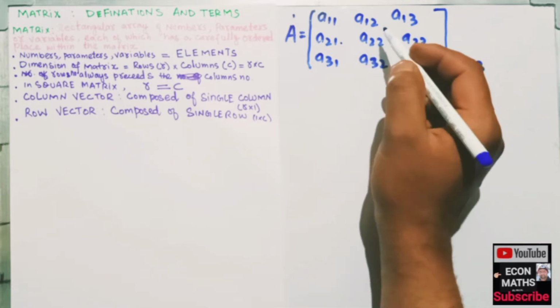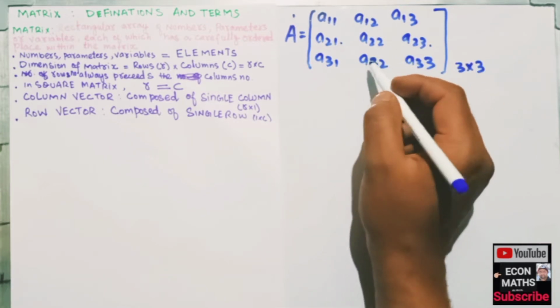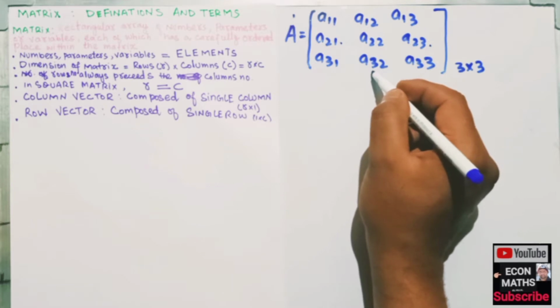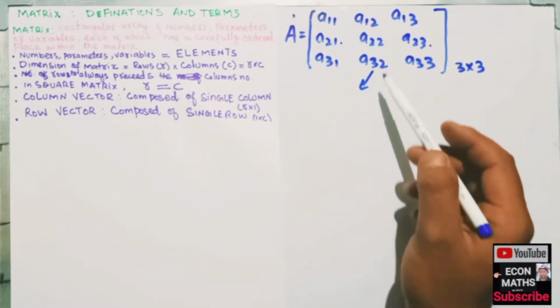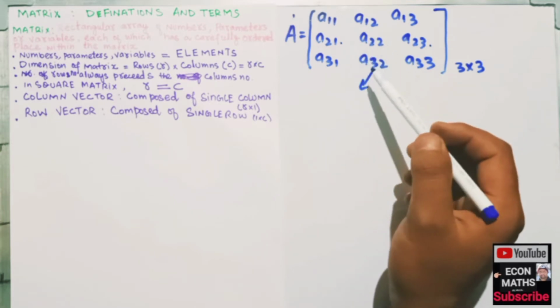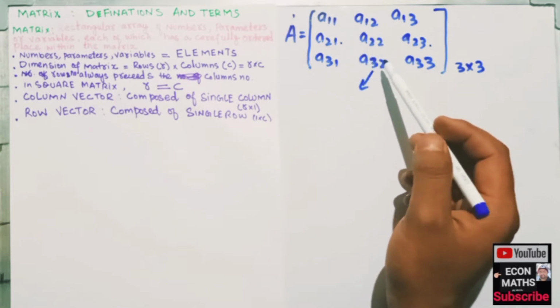Let us say another example, if I have this A32, this gives us the position. Here, this gives us the position in which row the element is.